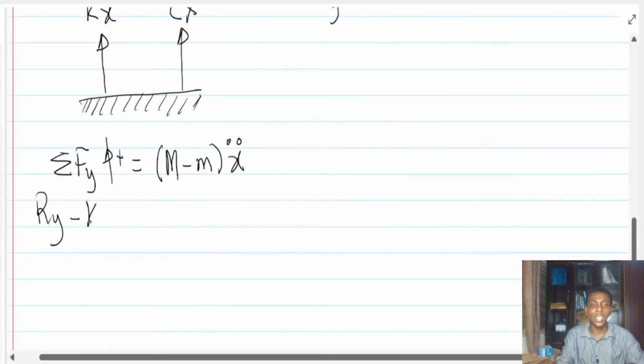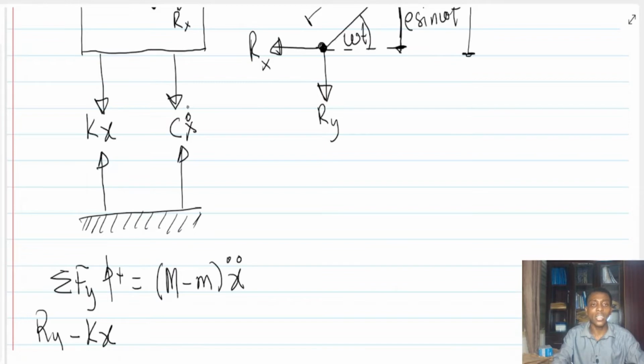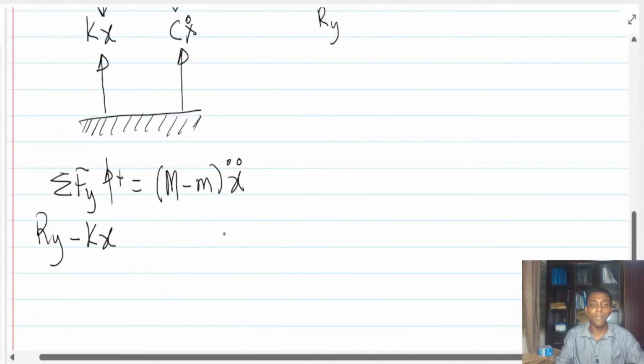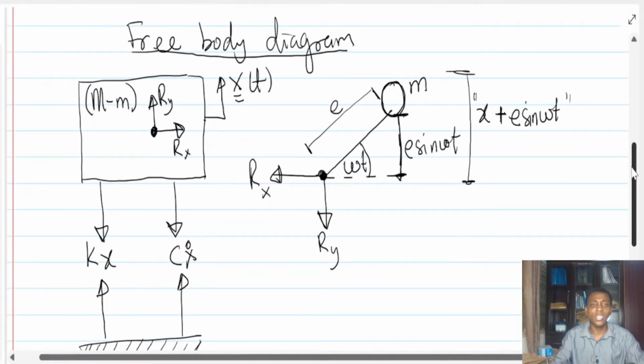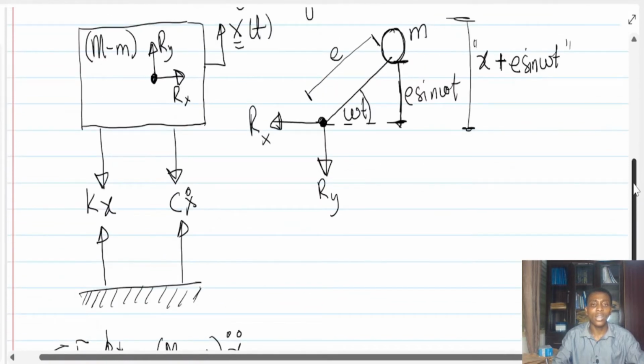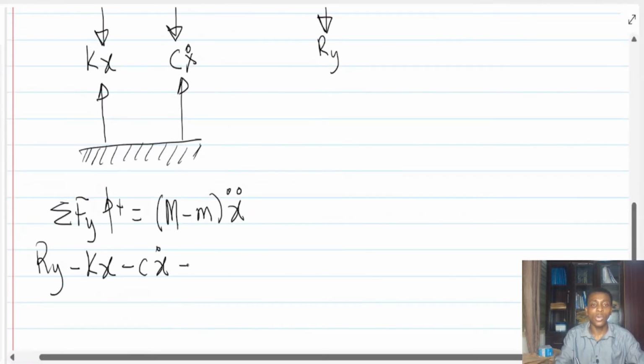So minus kx. And don't forget that there is also cx dot here. So it's going to be minus cx dot, right? Is there any other force in that direction we have not considered yet? No. So it should be equal to minus m x dot dot, right?